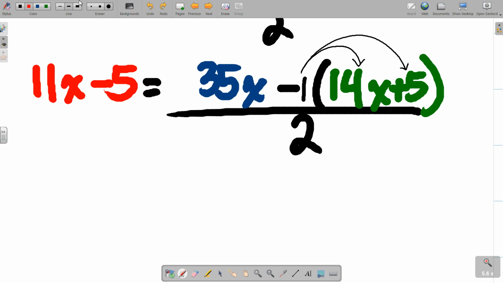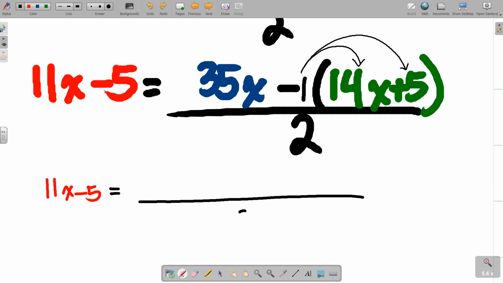So you can see our next line is going to be 11x minus 5 equals 35x. Now watch, that negative sign goes here, 14x, that negative sign also goes there, minus 5.